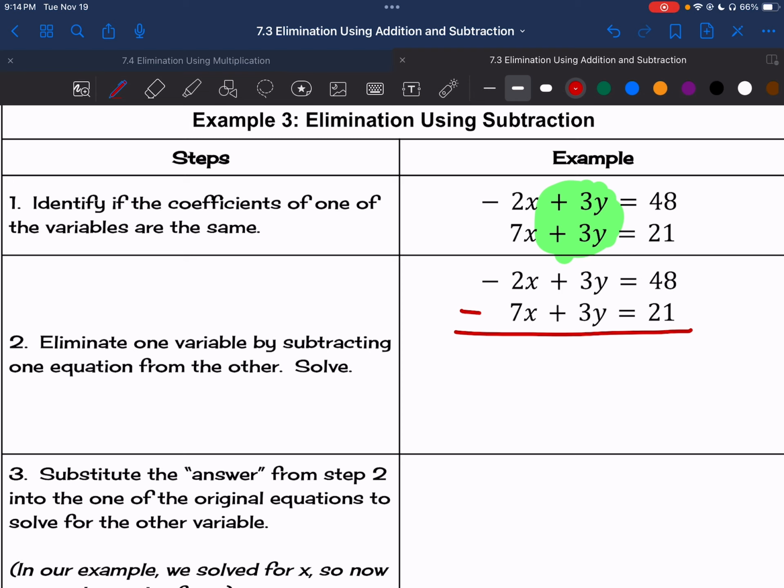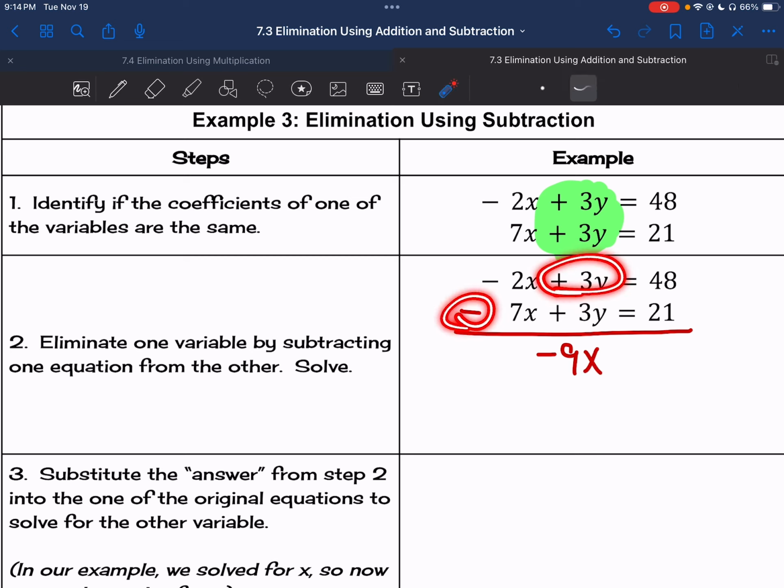The key to remembering how to do subtraction correctly is that you need to distribute that negative sign. Every single piece in the second equation is being subtracted from its corresponding piece in the first equation. So we're going to have negative 2x minus 7x, which is going to give us negative 9x.